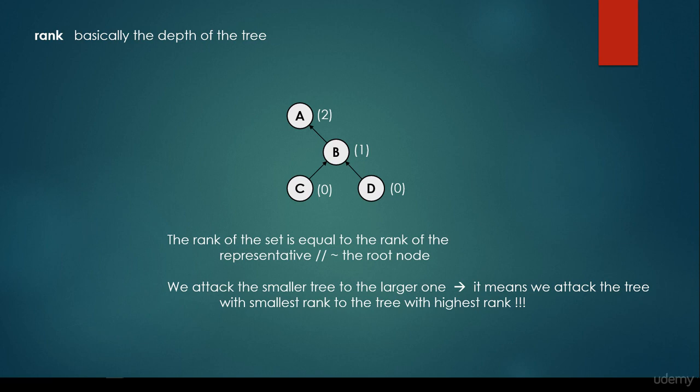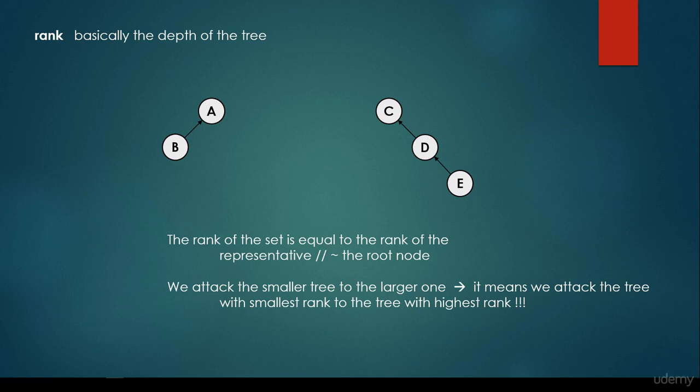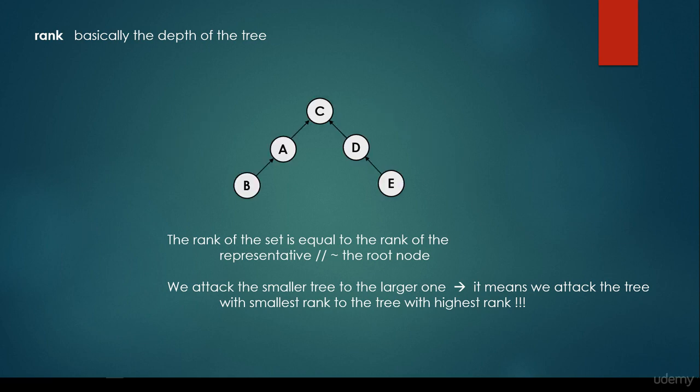So we attach the smaller tree to the larger one. It means we attach the tree with smaller rank to the tree with higher rank. Why is it good? Because in this case, the tree is not going to be as unbalanced as we get in the opposite way. So, for example, we have two disjoint sets, A and B, and C, D, E, and we would like to merge them.